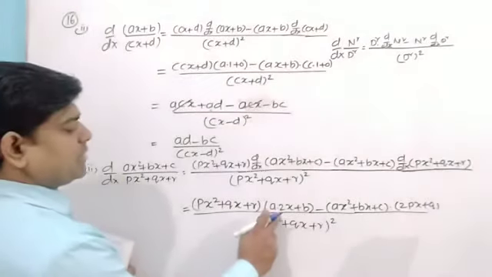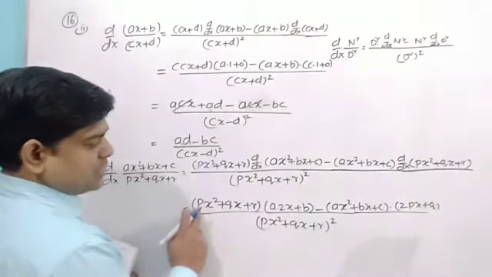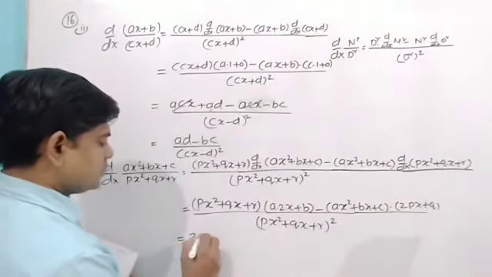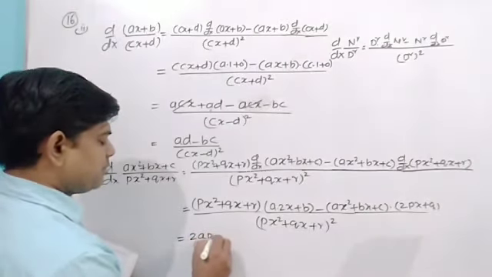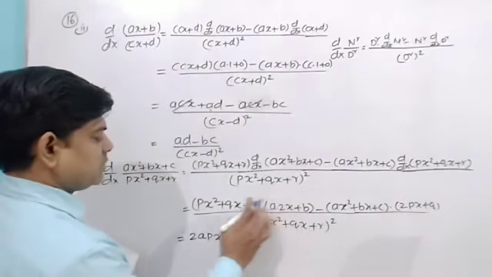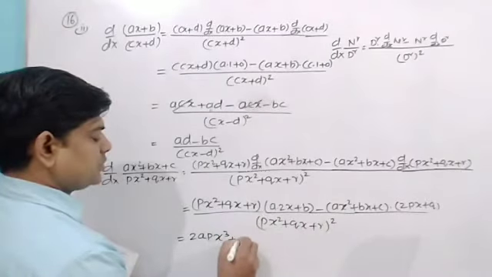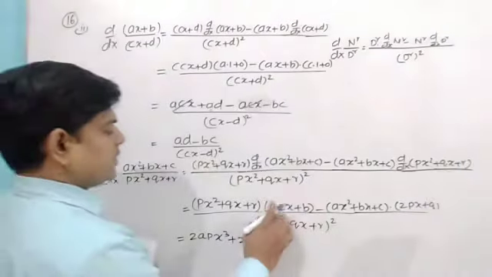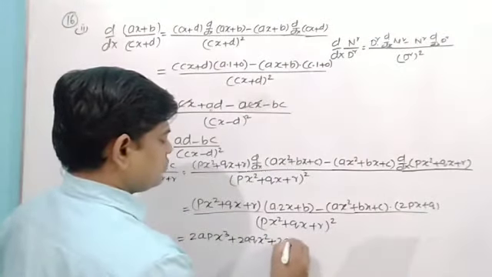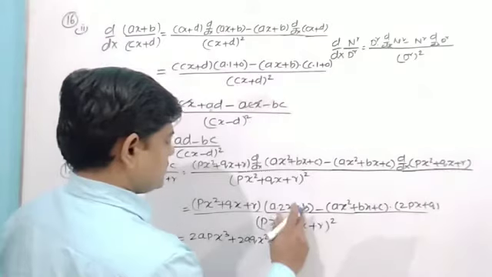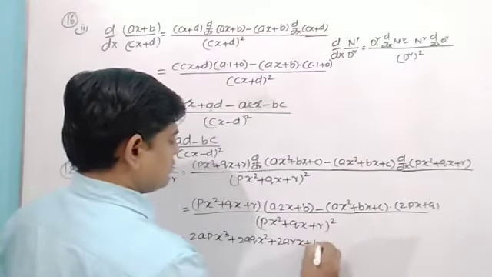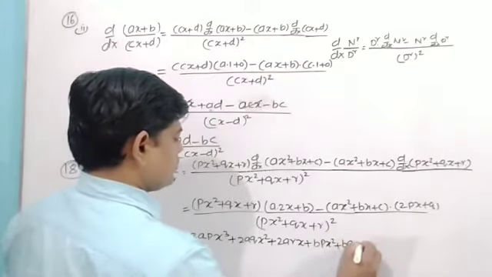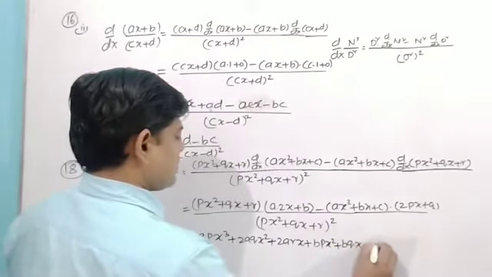When I multiply 2ax by p, I get 2apx^3. Then multiplying here, 2aqx^2, then 2arx, then bpx^2, bqx, br.